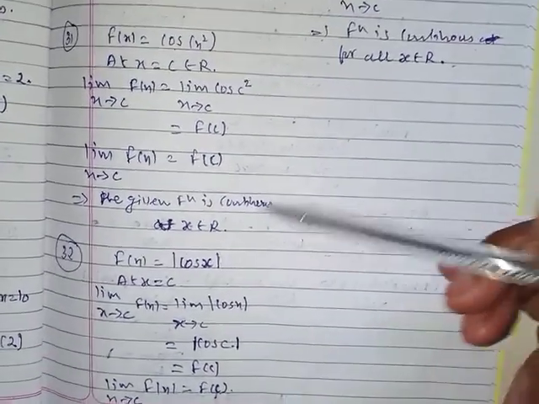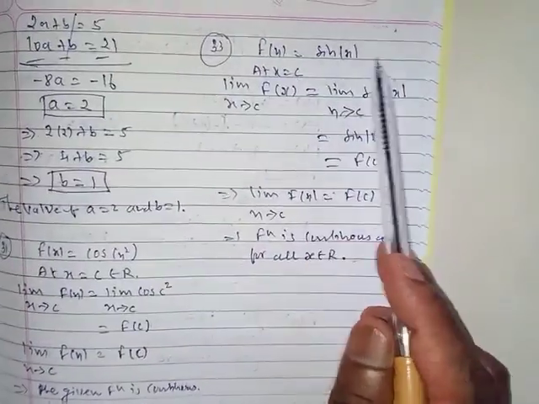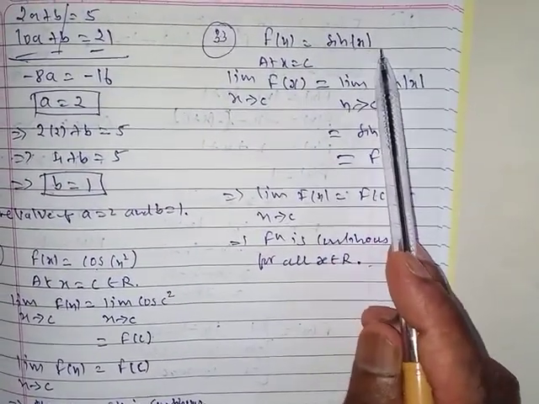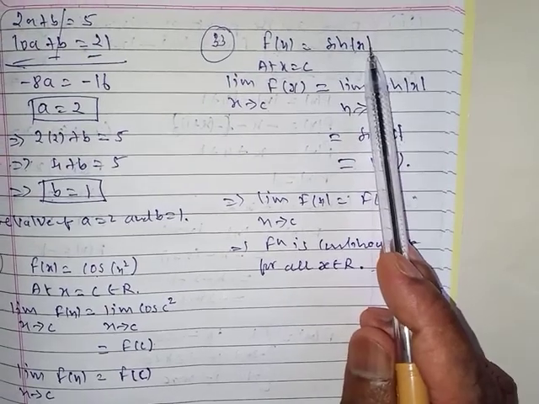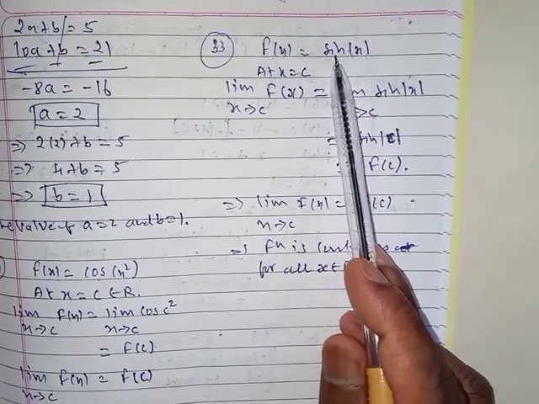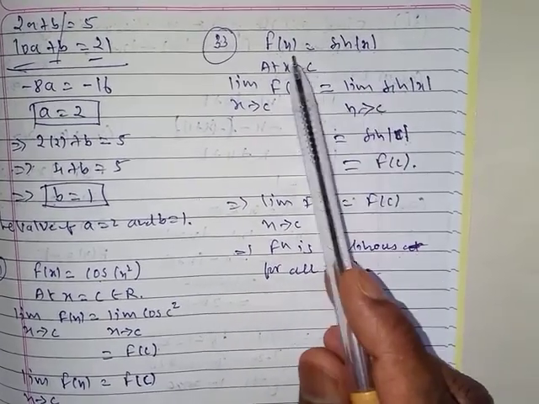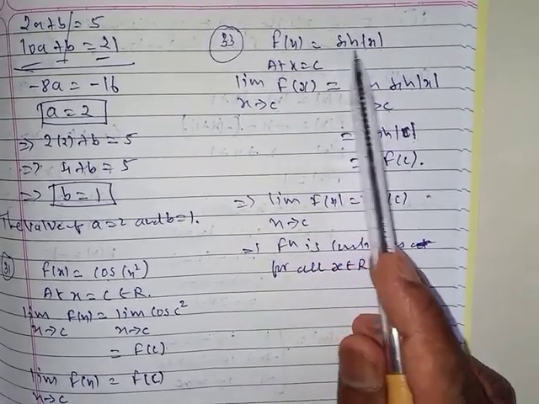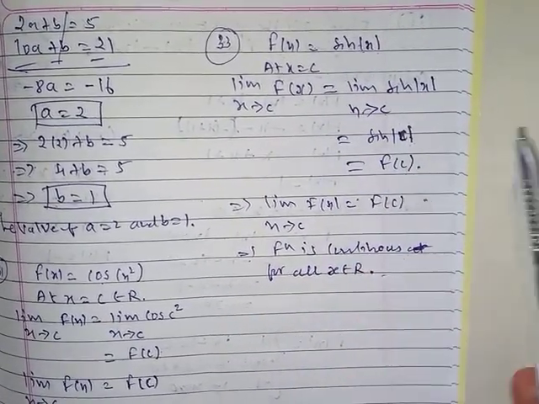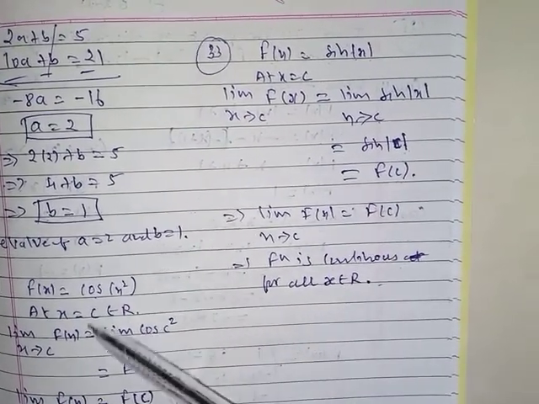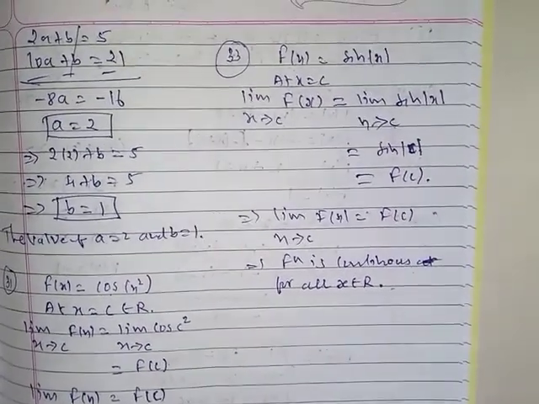If you don't want to prove it like this, we can prove it this way also. In sin mod x, mod of x is always continuous everywhere, and the sin function is also continuous everywhere. Therefore, f of x is equal to sin mod x is also continuous everywhere. But if you understand, then this way is better. Thank you.